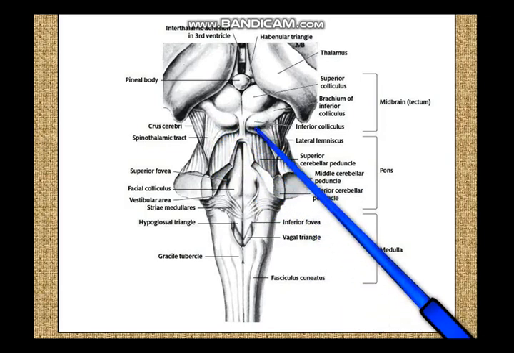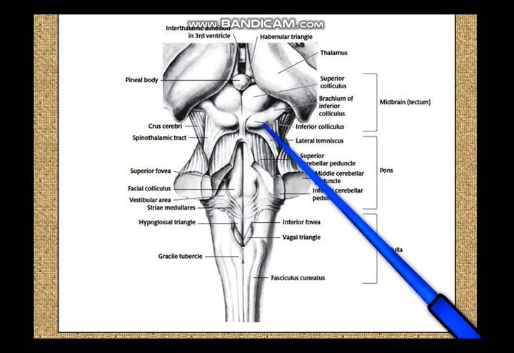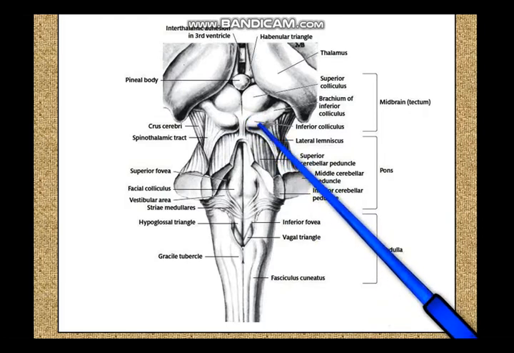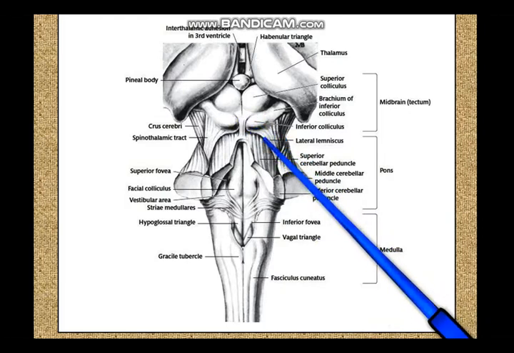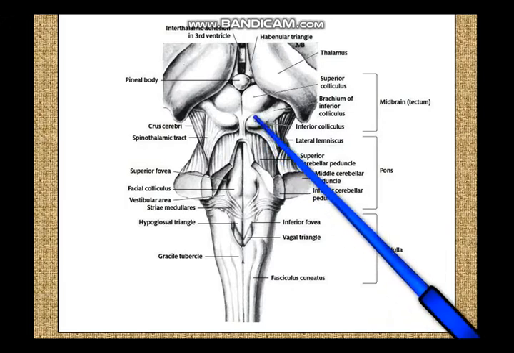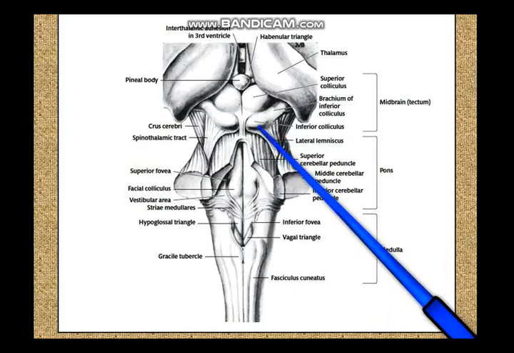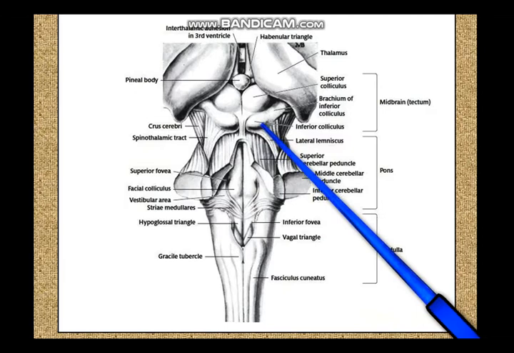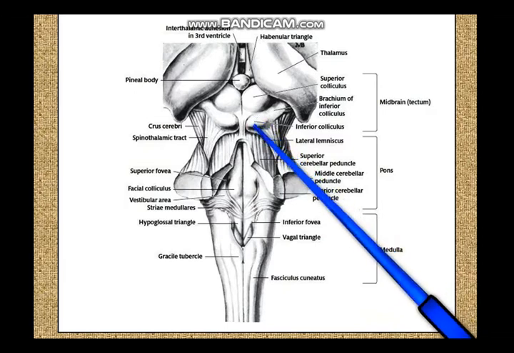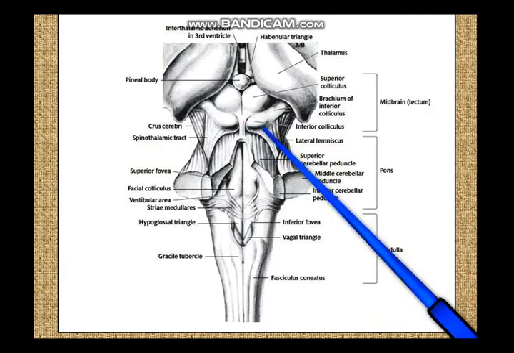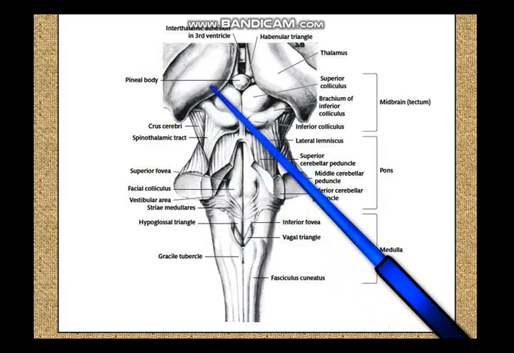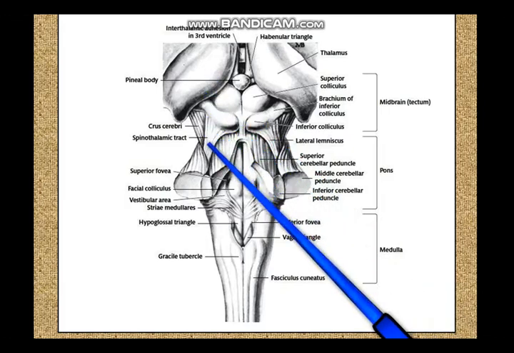And you can make out, we have already said that this inferior colliculus is a coordinating center for the auditory reflexes. So you can see the lateral lemniscus that carries the auditory pathways. So this lateral lemniscus is going into the inferior colliculus, and the spinothalamic tract is going up into the thalamus.